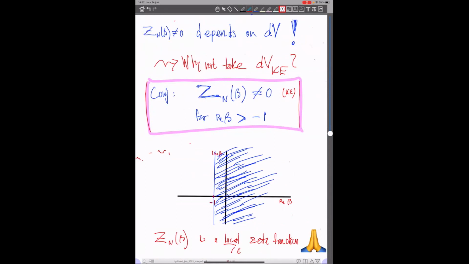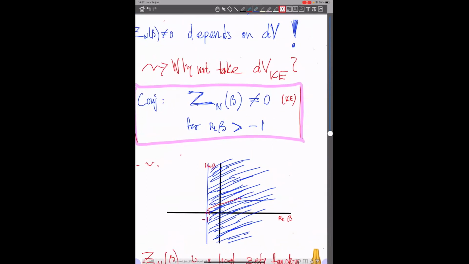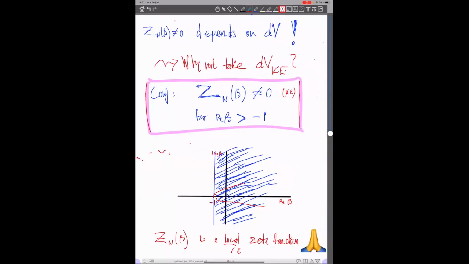So I really just need there to be a zero-free region here. But my conjecture is that for the Kähler-Einstein metric, there are no zeros at all. So it's a much stronger property that holds. There is some evidence for this, but it's more of wishful thinking.